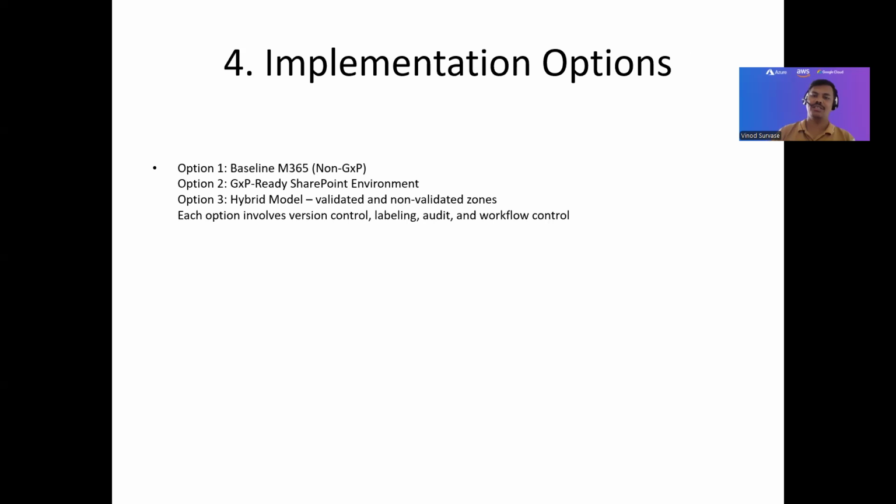The next is implementation options, or we can say the plans or ways, in short. Starting from the baseline of Microsoft 365, which is, of course, not a good practice initially, because when you sign up or have a brand new tenant, you won't have the right set of policies and configurations built for the life sciences industry to make sure it is compliant with that respective organization, right?